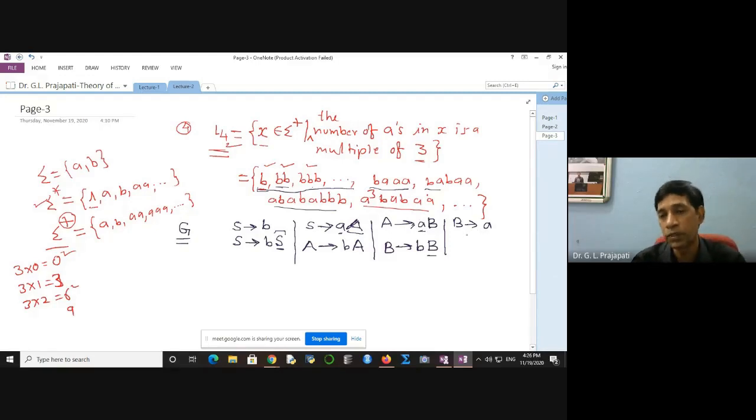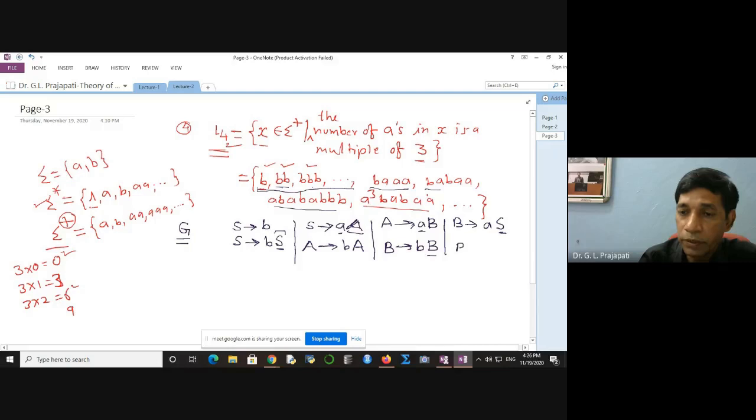So now one multiple completes, and the problem remains the original problem, because now in this S you need the number of a's to be a multiple of 3. So if you want to terminate, then you just write a here, or if you have some more symbols, then you can go for the S.